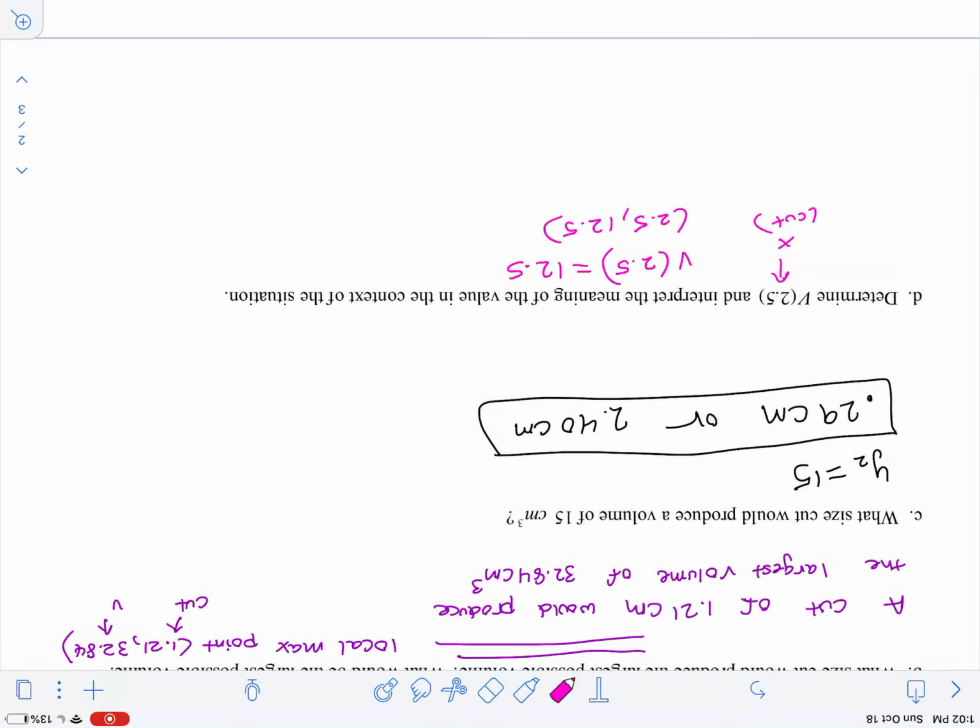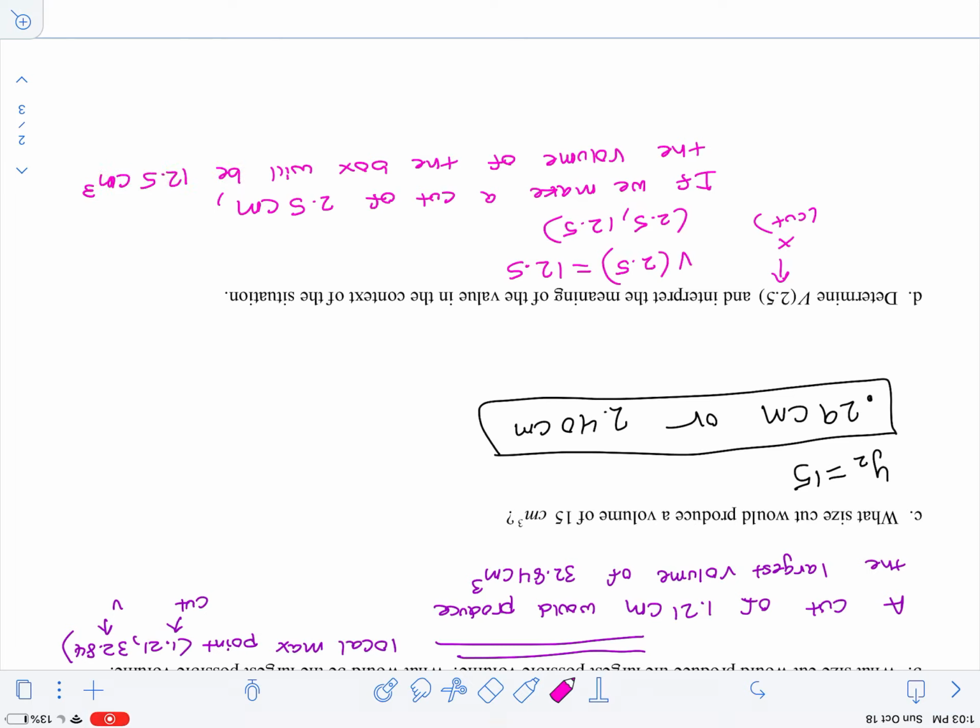That says when x is 2.5, y is 12.5, which means that if we make a cut of 2.5 centimeters, the volume of the box will be 12.5 centimeters cubed. And that's what that tells us. So we're using the value function of our calculator to help us with that.